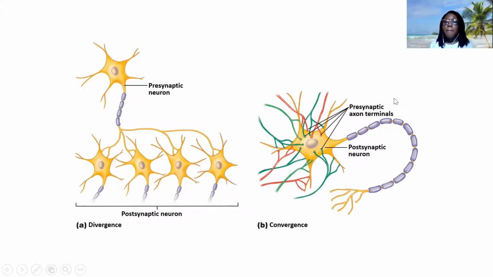With many different neurons synapsing onto one soma, we're really amplifying or increasing the degree of neurotransmitter that's released and the degree of IPSPs or EPSPs that are generated on the postsynaptic neuron here. So divergence and convergence also play a role in determining if we get closer or further away from that threshold value.